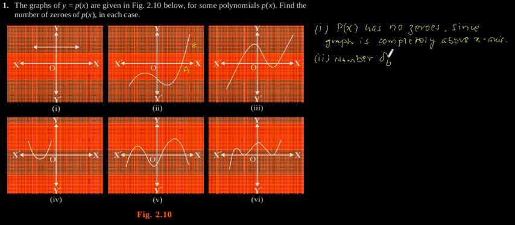Number of zeros is 1 since the graph intersects the x-axis at one point only.